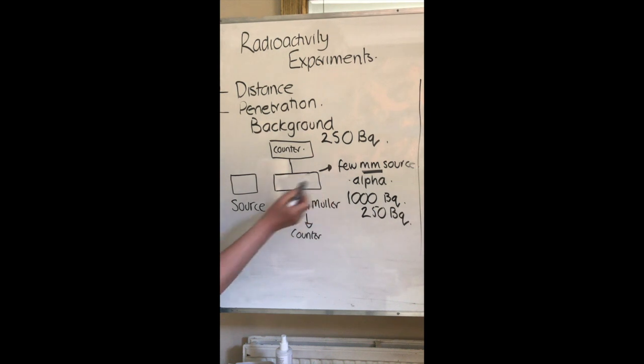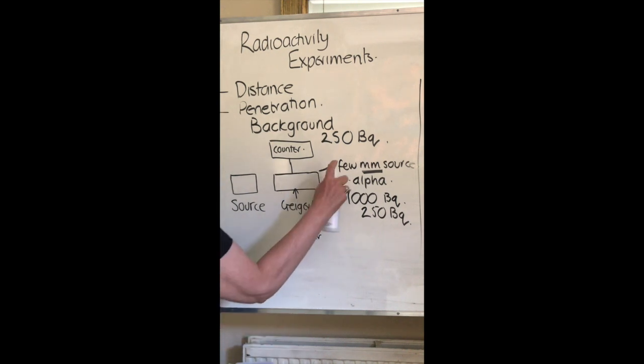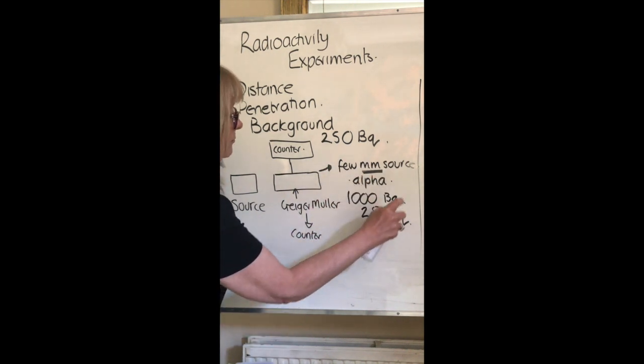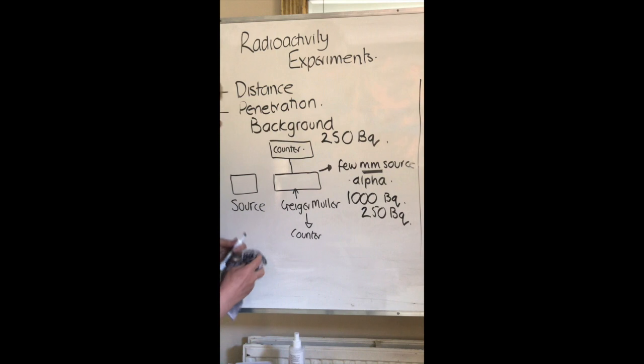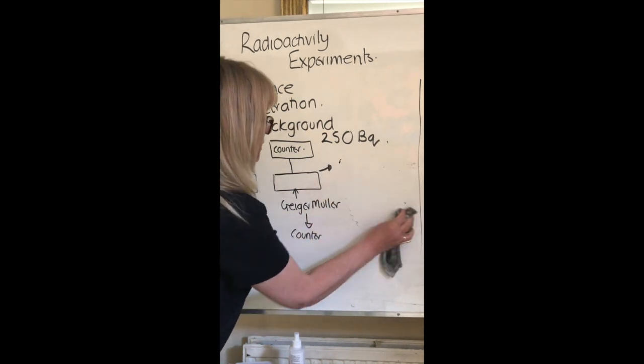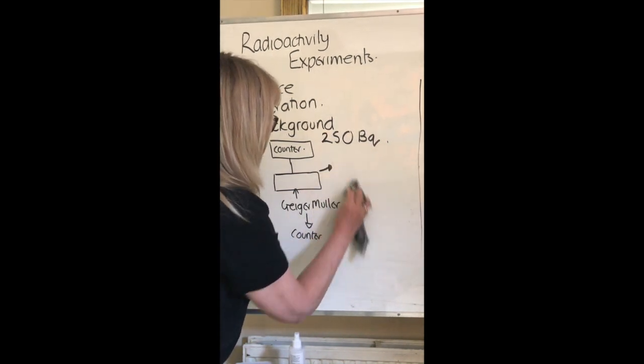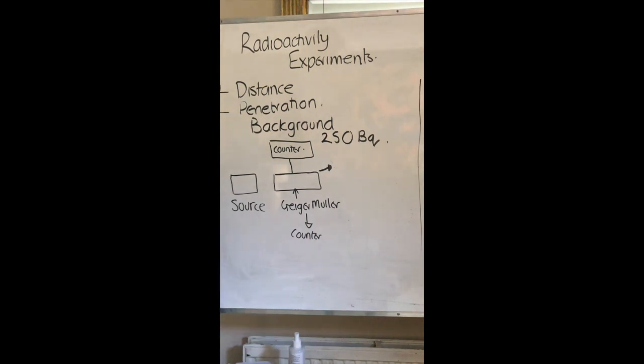So that's alpha. If, however, we had beta radiation in there, we would still be counting radiation close to the source. So a few millimetres, we would still see a high radiation dose. We might lose a little bit, but mostly we'll be close to 1,000.